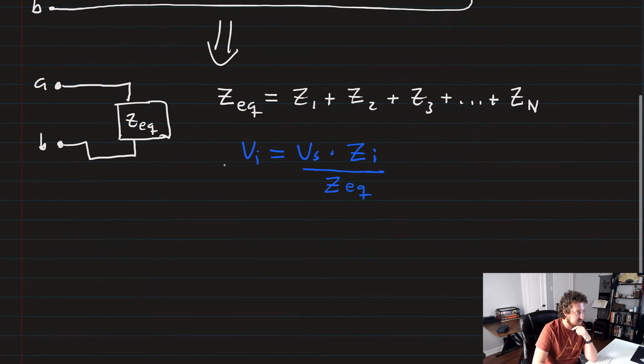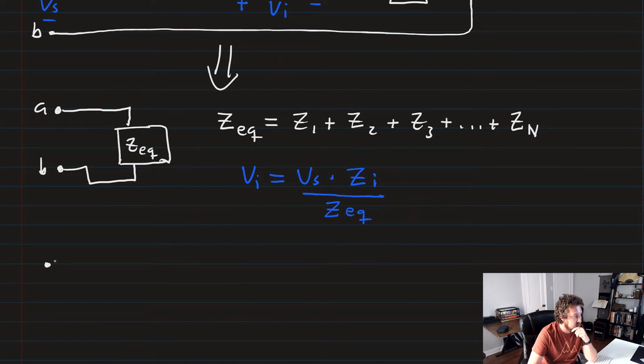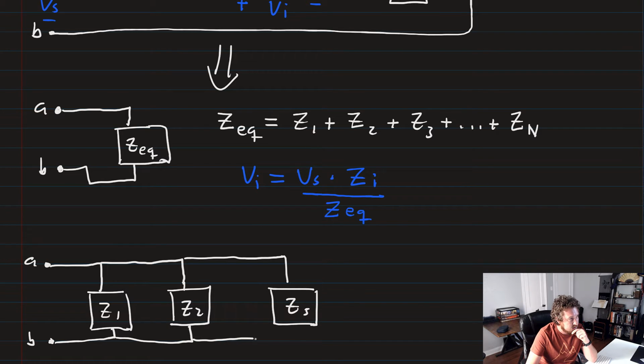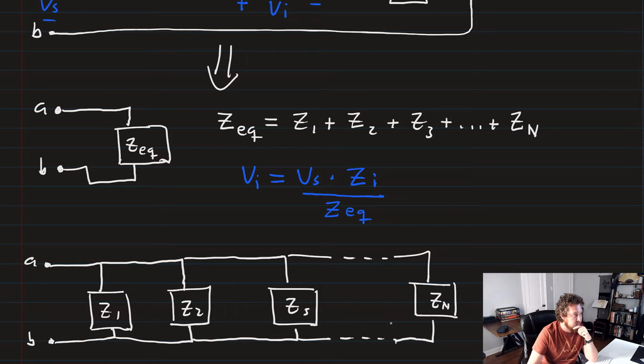Parallel impedances are exactly the same way. Let's say we've got, again, two nodes, A and B. But this time, instead of being in series, we have Z1, Z2, Z3, and again, all the way out to some impedance, Z sub n, all hooked up in parallel.